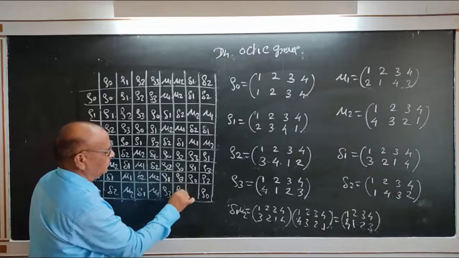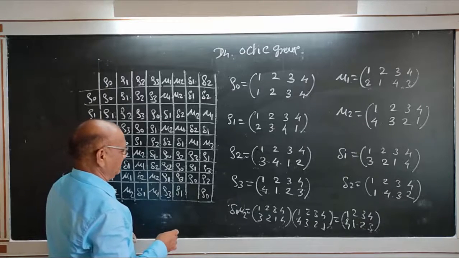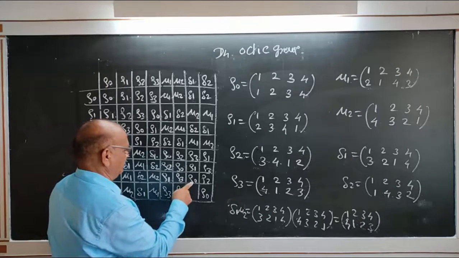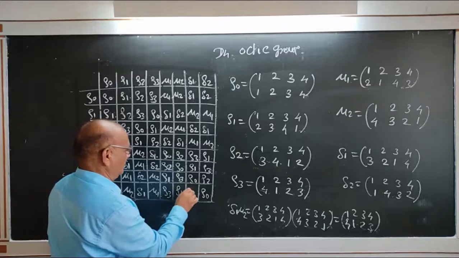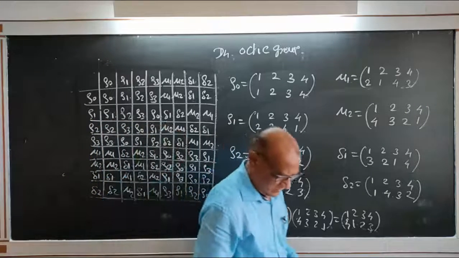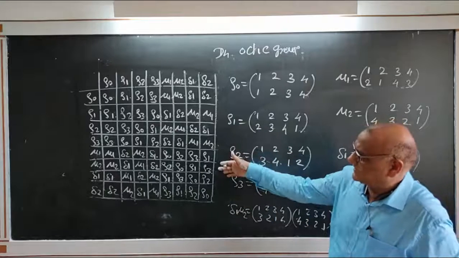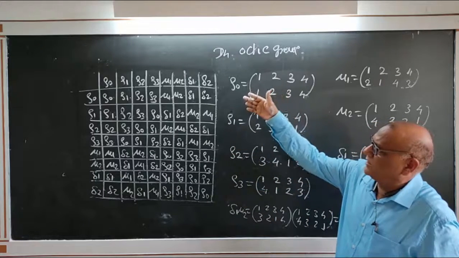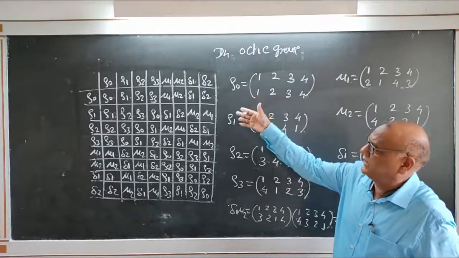Here row 1. Here row 1, row 3, row 1, row 2. Row 3, row 1, row 2. This is the complete multiplication table for D4, the symmetries of a square.